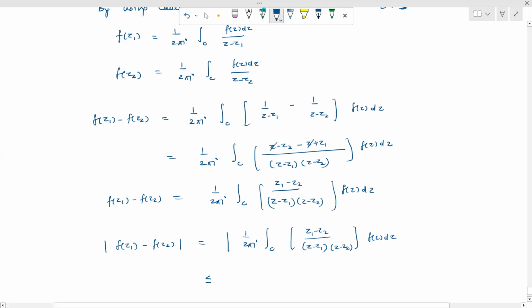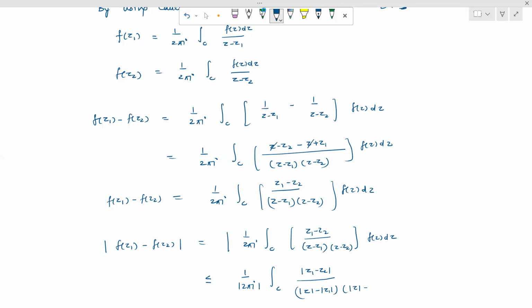So this can be written as less than or equal to 1 upon modulus of 2 pi i, integration along the curve C, mod of z1 minus z2 upon mod of z minus z1 and mod of z minus z2, times mod of f(z) and modulus of dz.